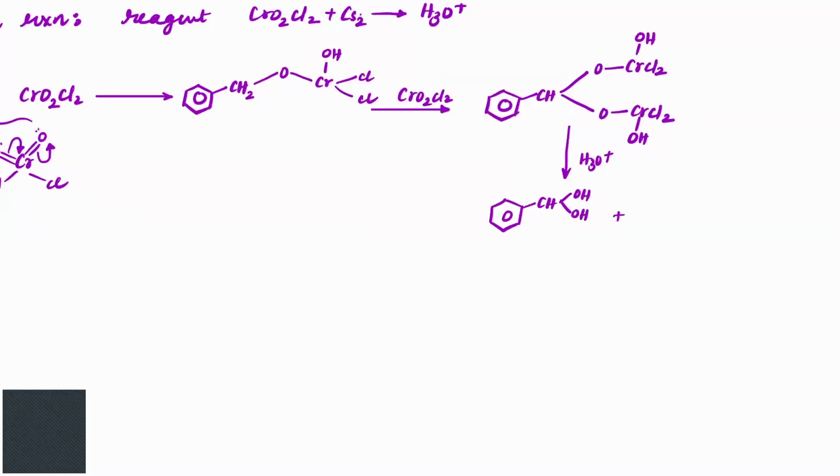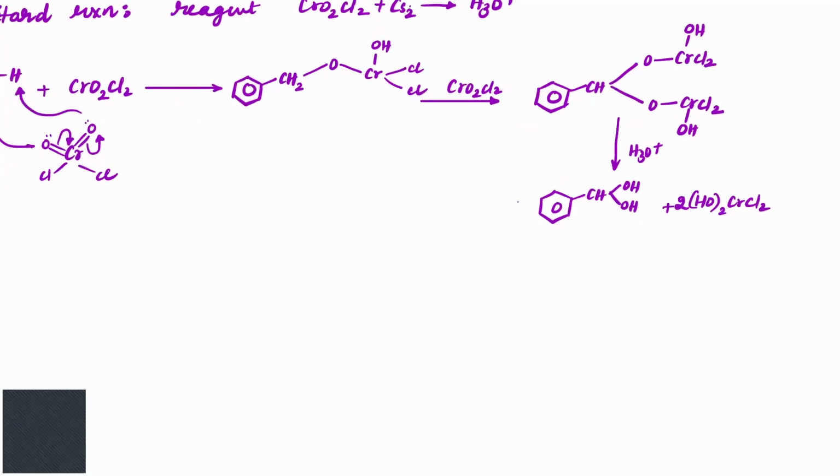Because H plus will come here, and OH will attack this carbon. So what you will get here is CH with OH twice, and CrCl2. Like this, we'll get 2 moles. This will convert back into aldehyde by removing water.